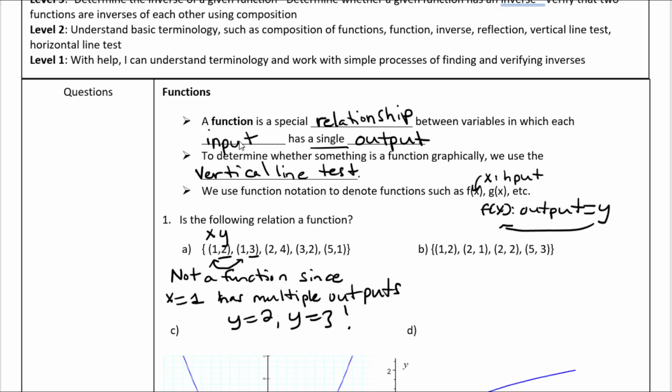Here we have two of the same input leading to two different outputs. So this is also not a function. If this were a 3, for instance, then this would be a function, because you would have different inputs leading to different outputs. But in this case, it's not a function.